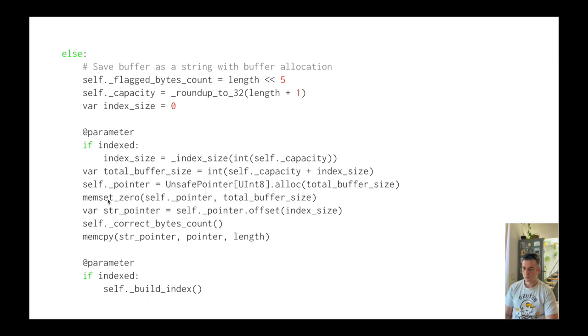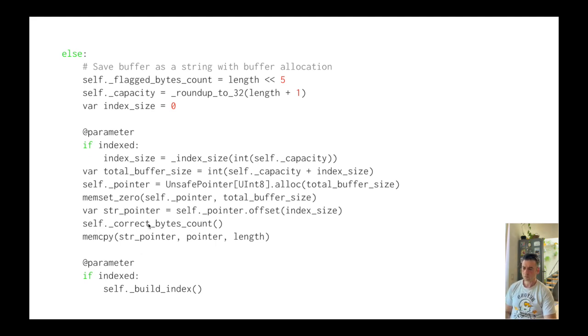Okay, we zero it out, then we say the string pointer is the pointer offset by the index size, right? So now how we actually structure it: there is a region on the heap, we have a fixed prefix, which will be our index. And then starting from there comes actually our string.